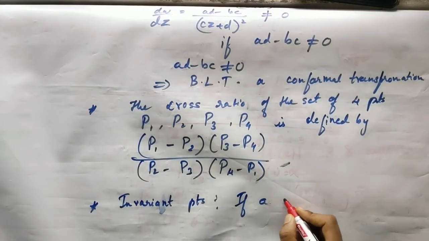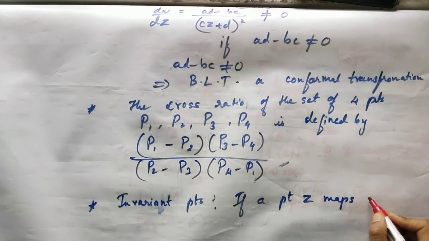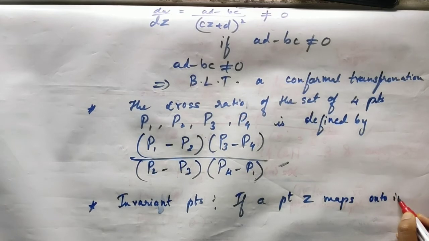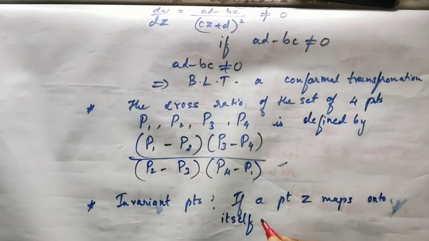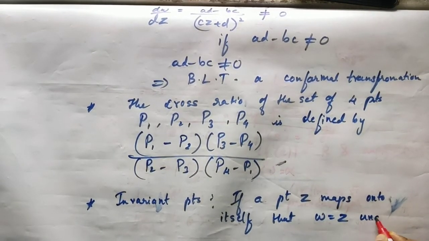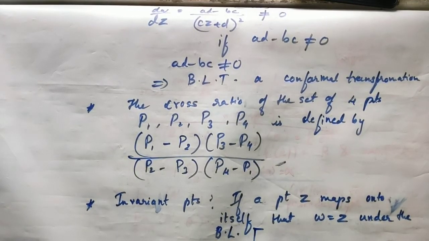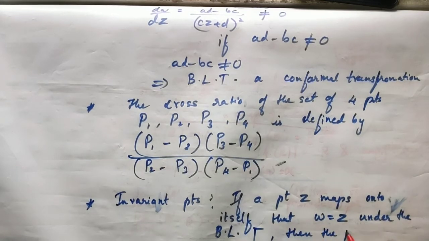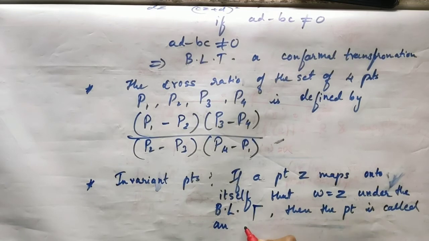If a point Z maps onto itself, that is W is equal to Z under the bilinear transformation, under BLT, then the point is called an invariant point.